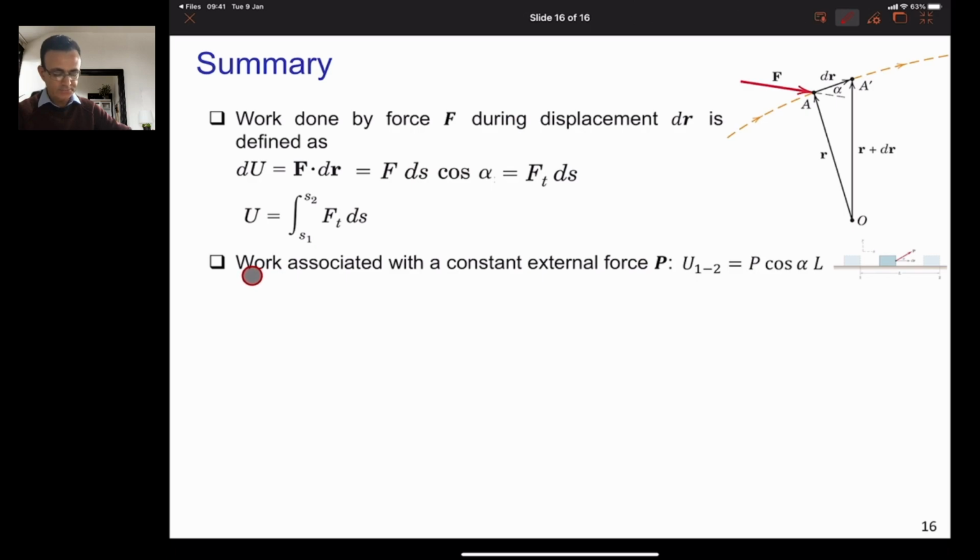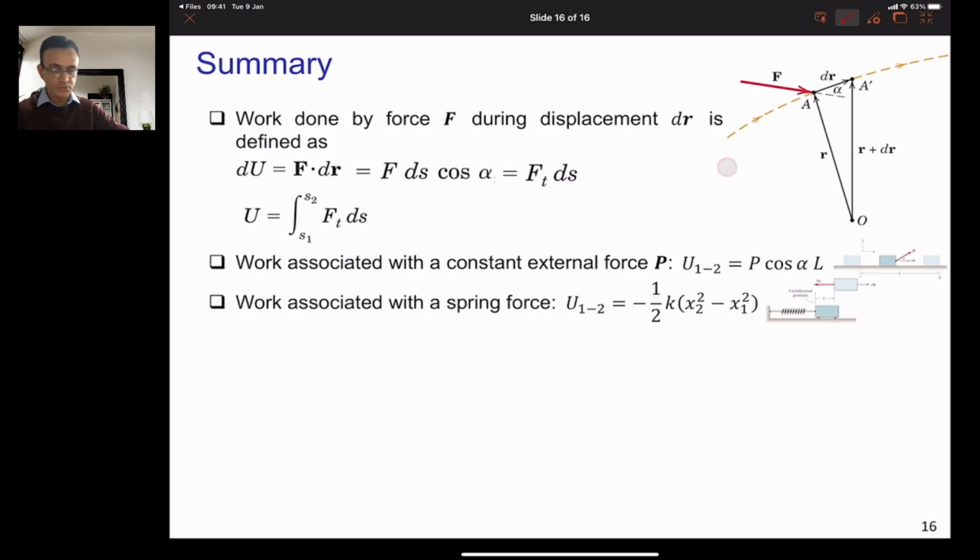The first one was the work associated with a constant external force. When a body moves from this location to this location under the application of this force P, which is at angle alpha to the horizontal, we derived that the work done from 1 to 2 by force P is equal to P cos alpha, which is the tangential force, times the distance or displacement from 1 to 2.